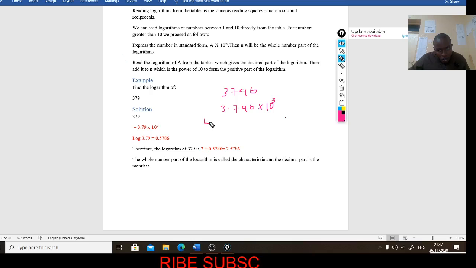So we find the log of 3.796. To find the log of this, we go to the table. Remember 3.79, we were able to find it as 0.5786.